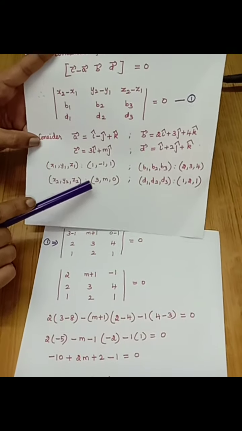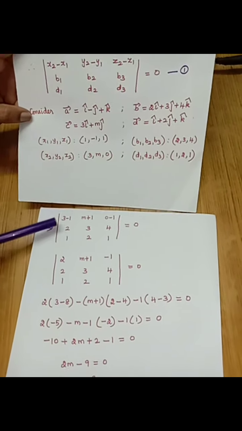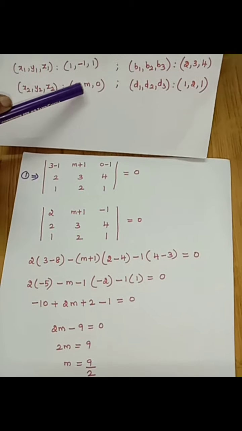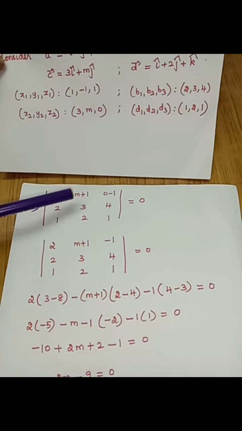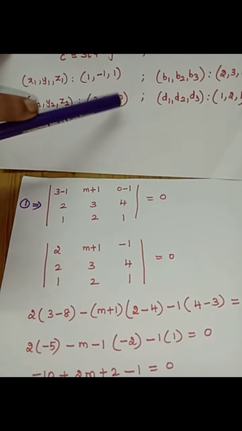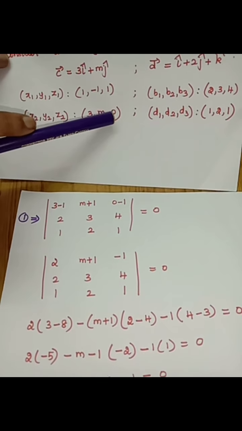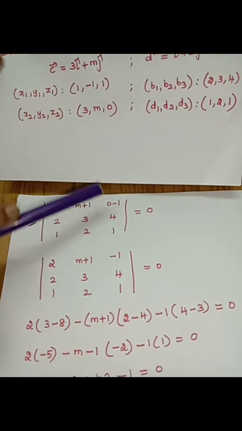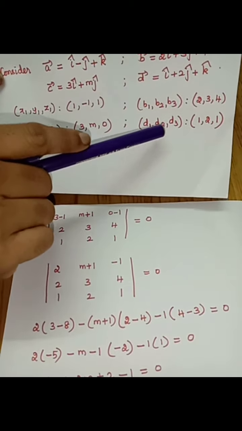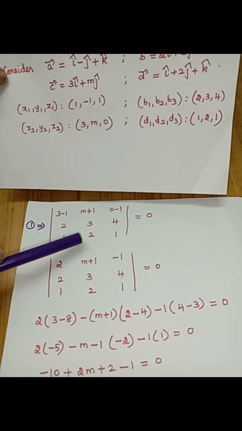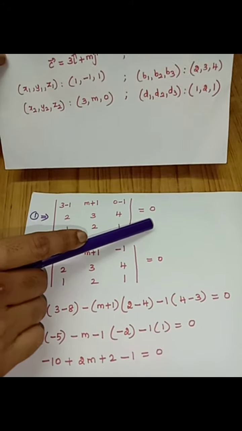What is x2? 3 minus 1. So I have written here. Next one, y2 minus y1, so m minus of minus 1, so m plus 1. And next z2 minus z1, so 0 minus 1. Okay. So b1, b2, b3 is 2, 3, 4. d1, d2, d3 is 1, 2, 1. That is equal to 0.